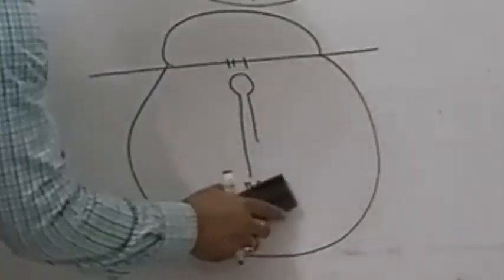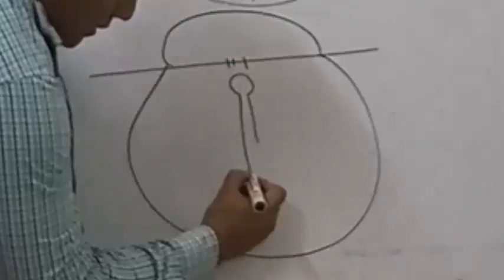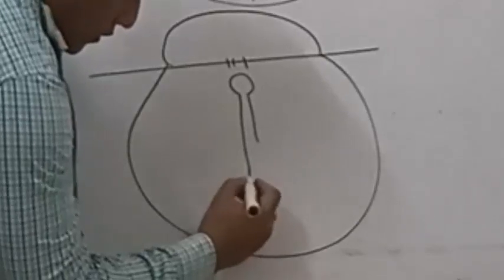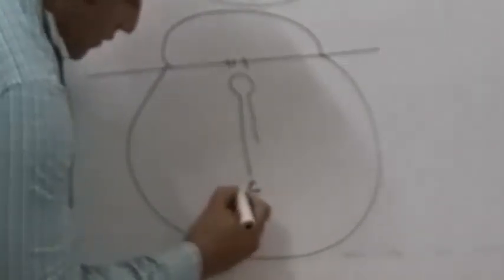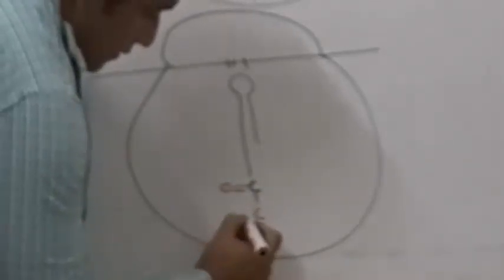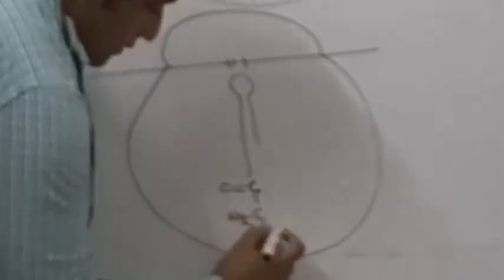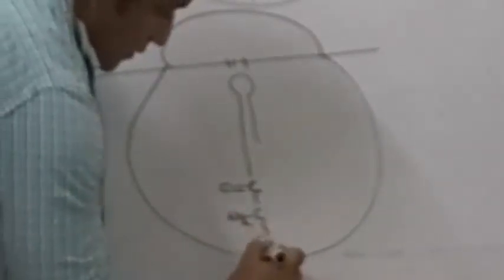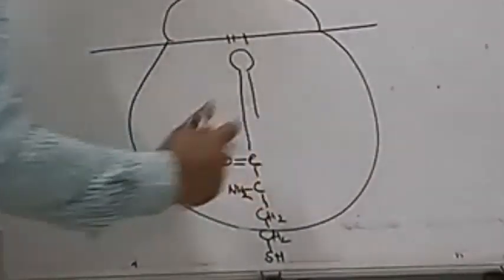So methionine tRNA was linked in this way by an ester linkage. How was it linked? Let me zoom in.